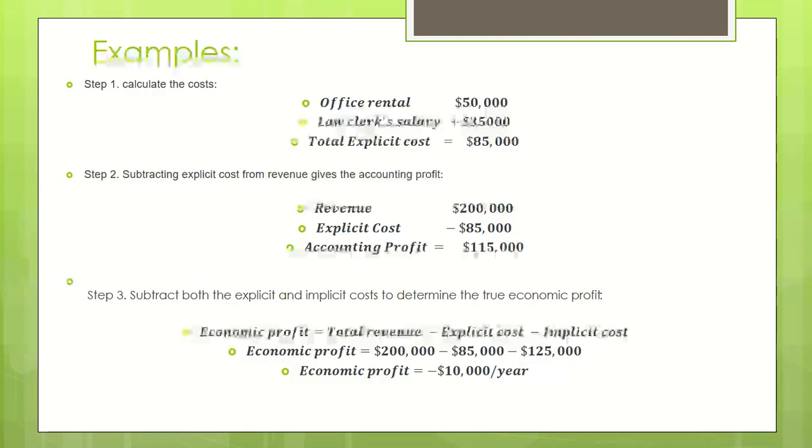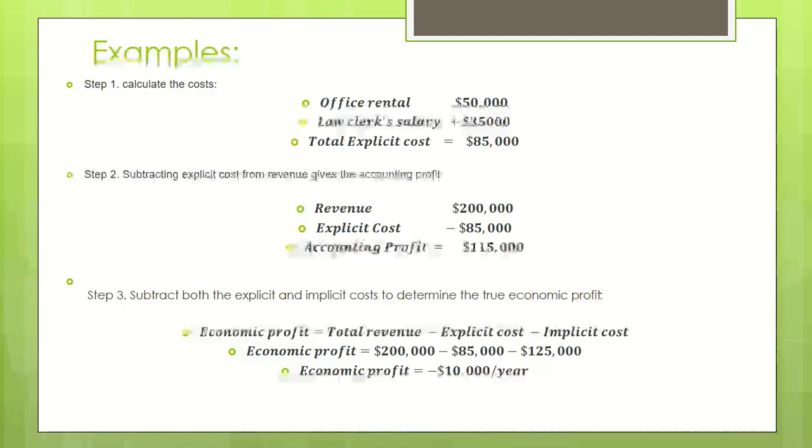Here step 3 is subtracting both explicit and implicit cost to determine true profit, that is economic profit, which is equals to total revenue minus explicit cost minus implicit cost.